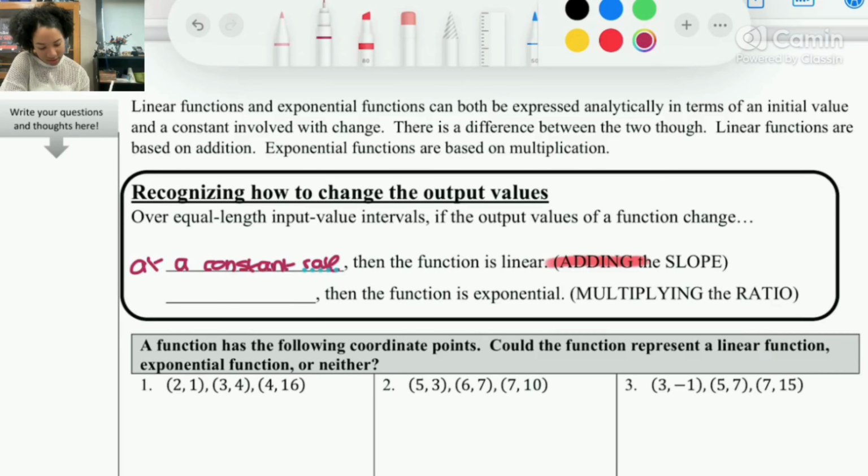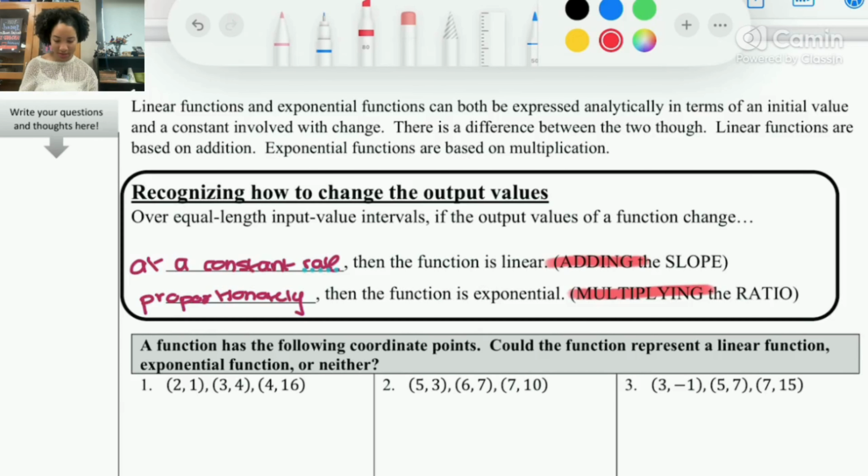And if the output values change proportionately, then the function is exponential, and that will be multiplying the ratio.